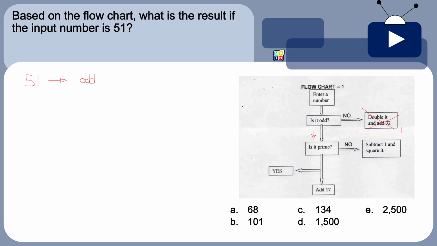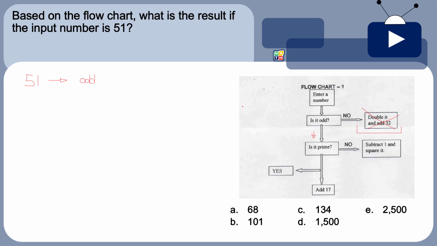Is it prime? Now, this is where it gets complicated po. Kasi we all know what are the smallest prime numbers or the first prime numbers. 2 is a prime number. 3, 5, 7, followed with 11. But 51 is far from it. So this is the time that we should know as well the idea of divisibility rules.